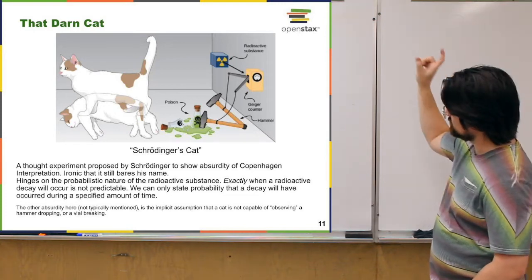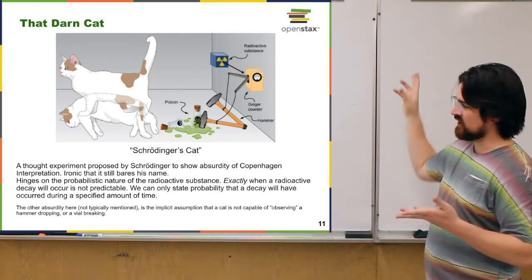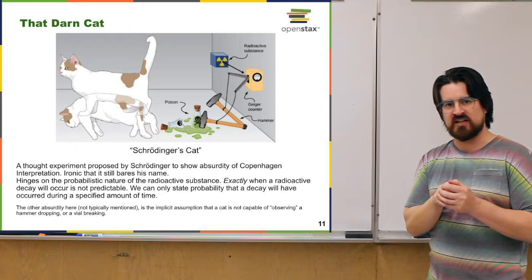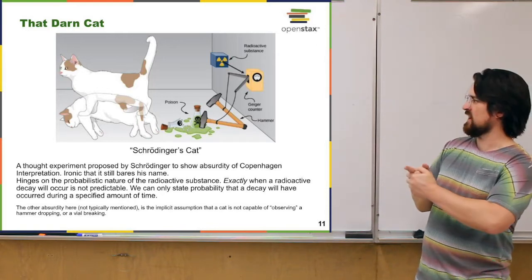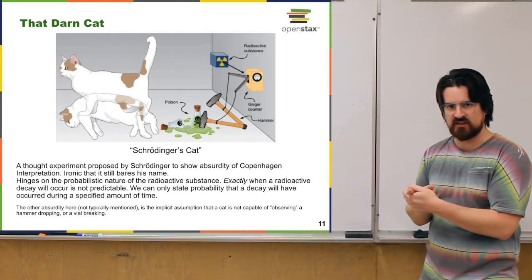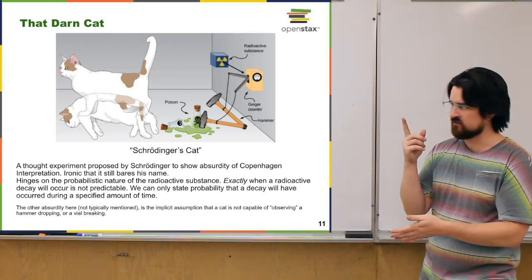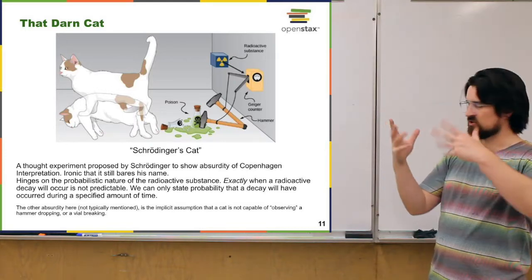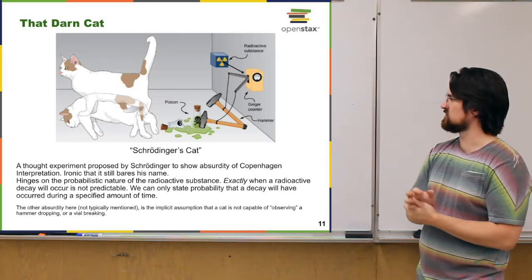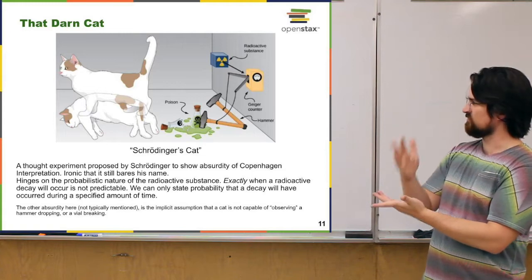You have this radioactive source. You have a Geiger counter which can detect the decay of radioactive material. That Geiger counter is set up to hold a hammer, and if it detects a radioactive decay, it will release that hammer. The hammer then, if it is released, falls onto this vial of noxious poisonous gas. So if that hammer falls, it breaks the vial.